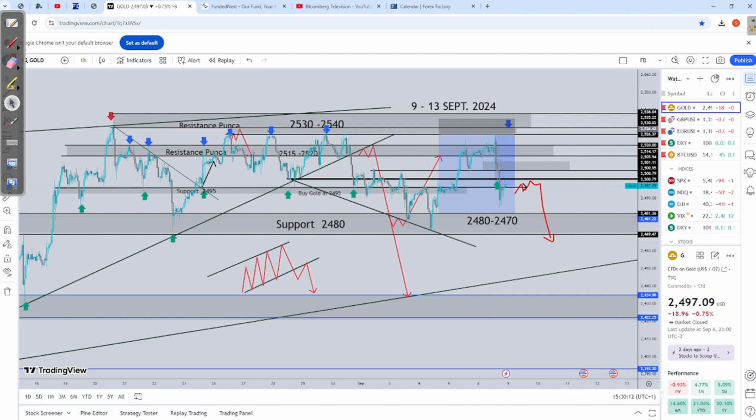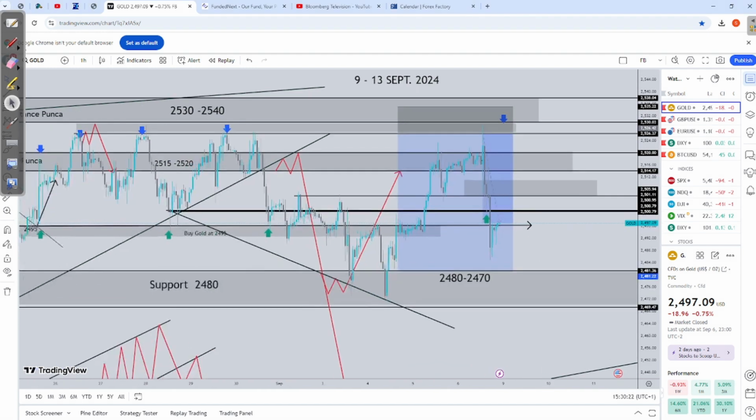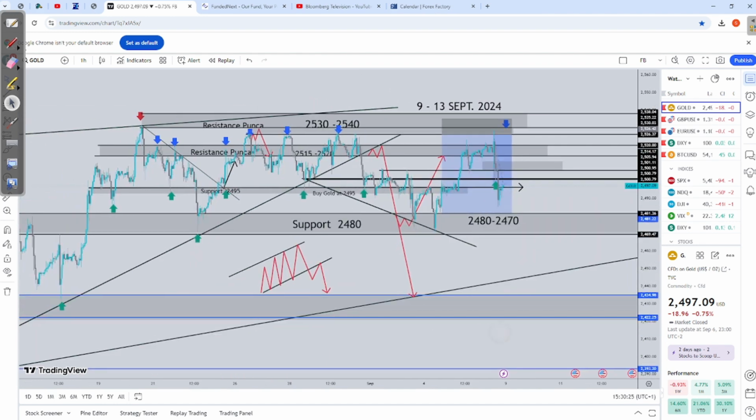The price didn't come down to hit the support area. Price didn't come there, so we are expecting it to come. It should make some corrections and then come down over here.